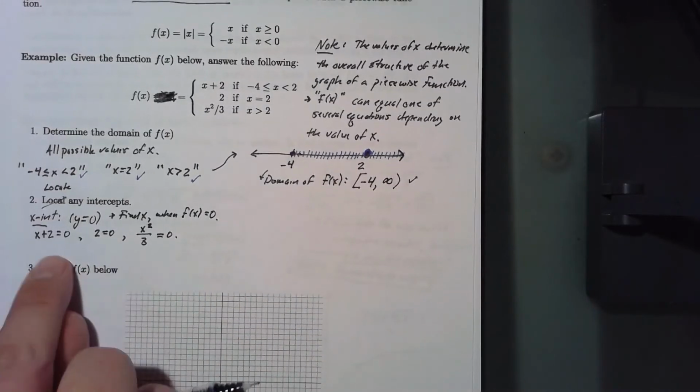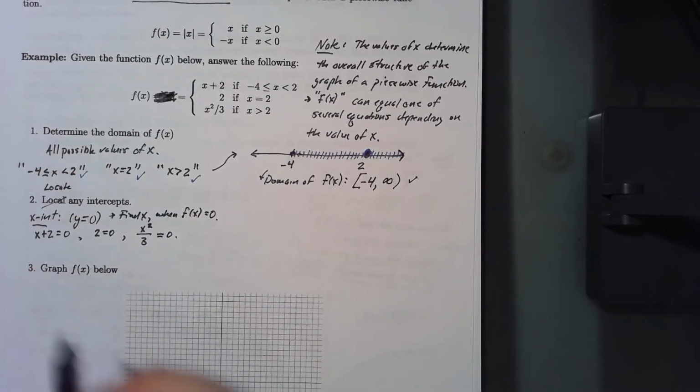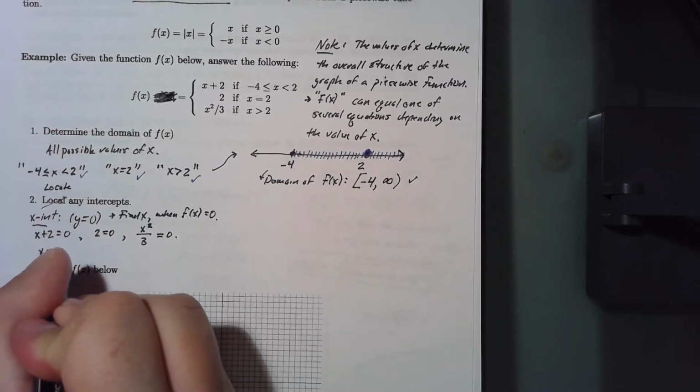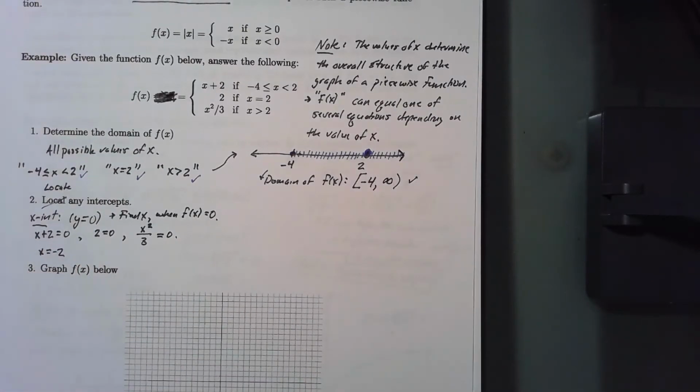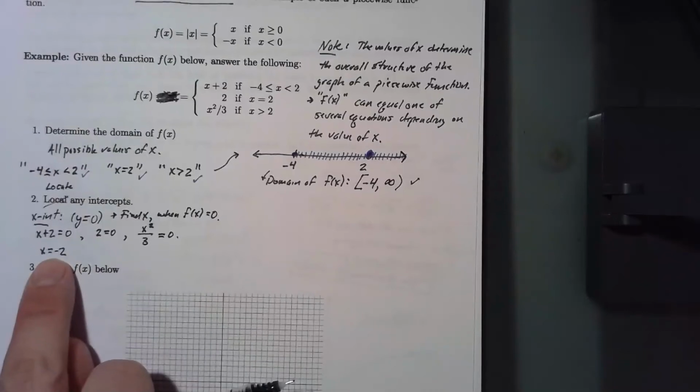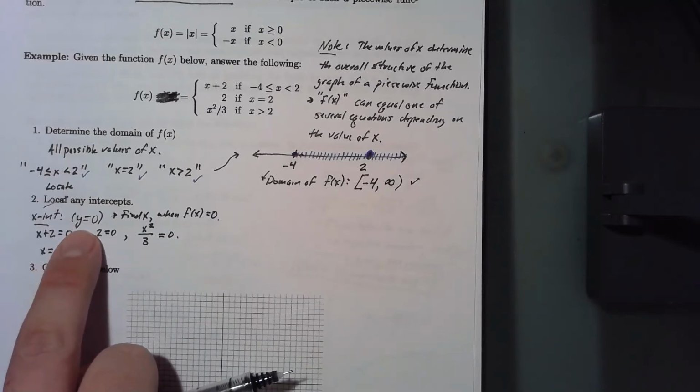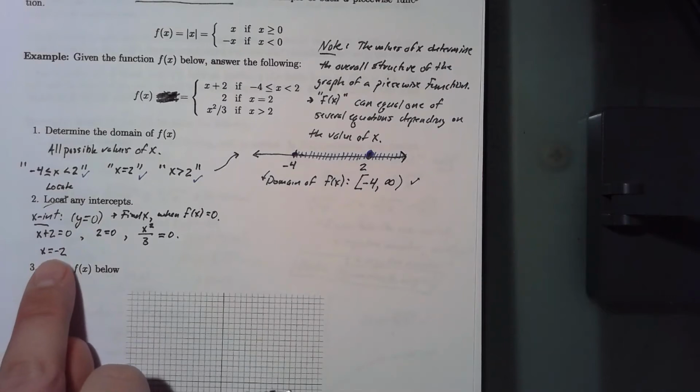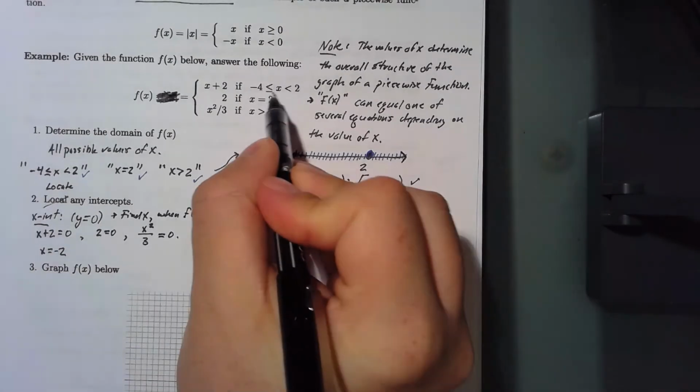All right, x plus 2 equals 0. Well, that means x equals negative 2. This looks good. When x is equal to negative 2, my function equals 0. Now, is x equaling negative 2 inside this interval?